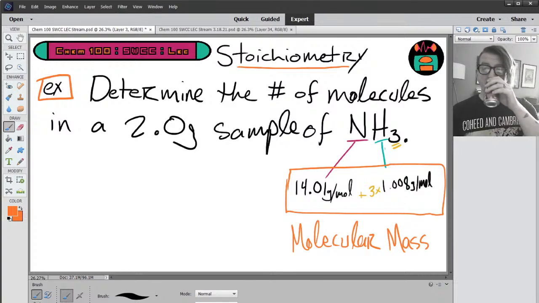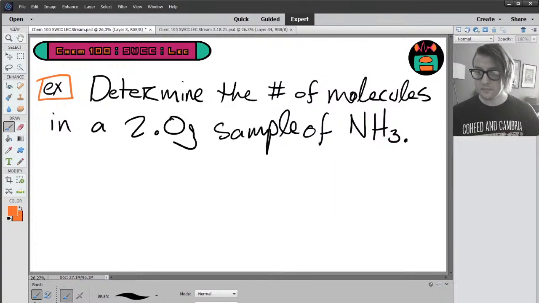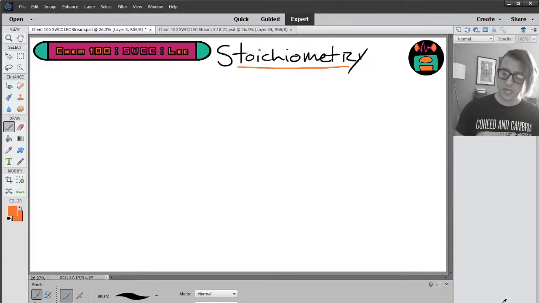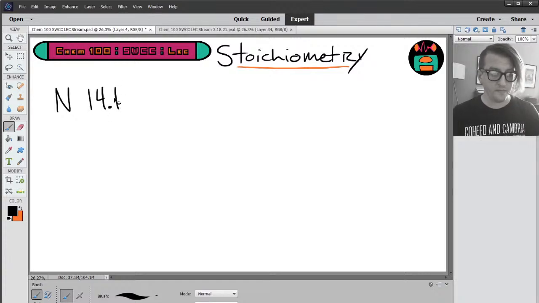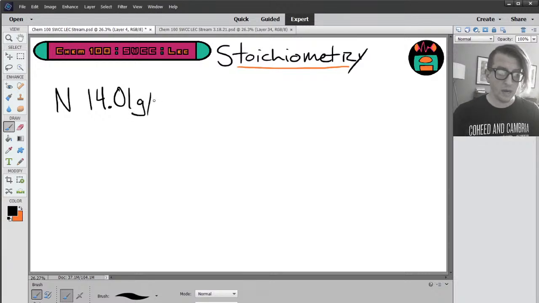So first off, let's calculate the molecular weight of ammonia. Nitrogen has an atomic mass of 14.01 grams per mole.